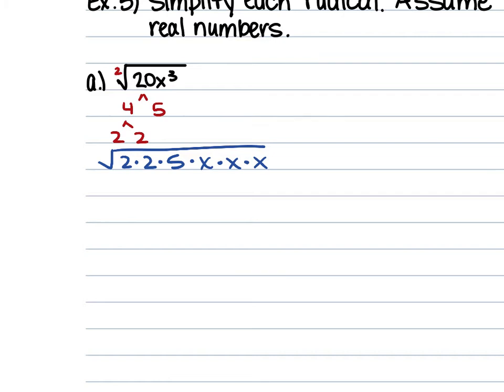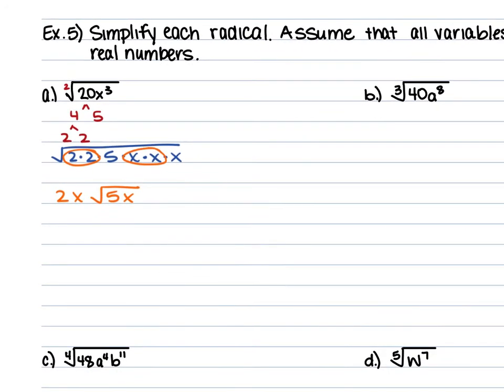You'd get 1 with a remainder of 1. So 1 x would come out of the radical and 1 would stay underneath. So from here, we would group up sets of 2, so pairs. The 2's group up, these x's group up. So the 2 you'll bring out, the x you bring out, underneath stays the 5 and the x. So it's just 2x square root 5x.